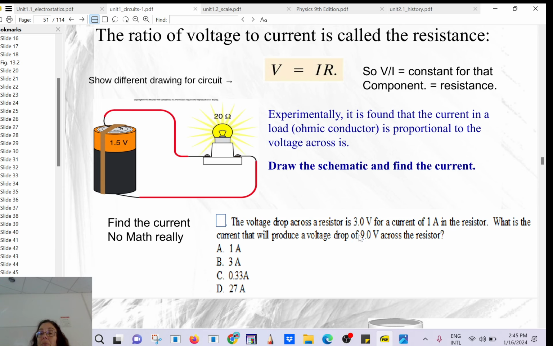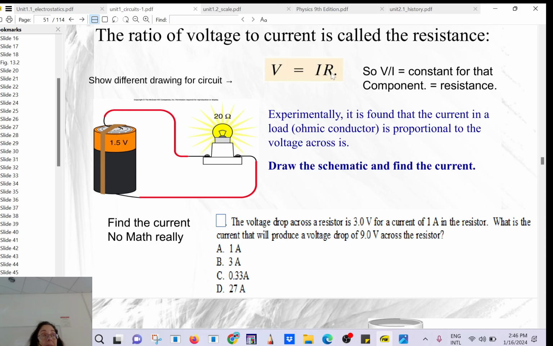So if you multiply the voltage by 3, what do you think the current is going to be? More voltage, more pressure, right? So if you increase the voltage, what's going to happen to the current? It's going to increase. So it's going to be 3 amps. It's a proportion. Okay? That means it's a proportion.